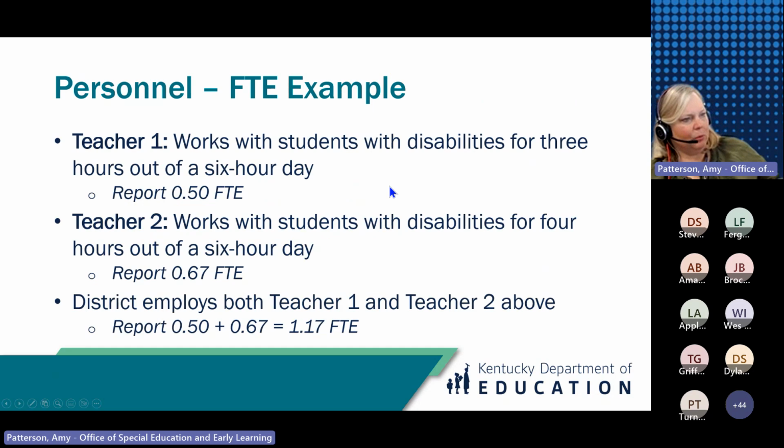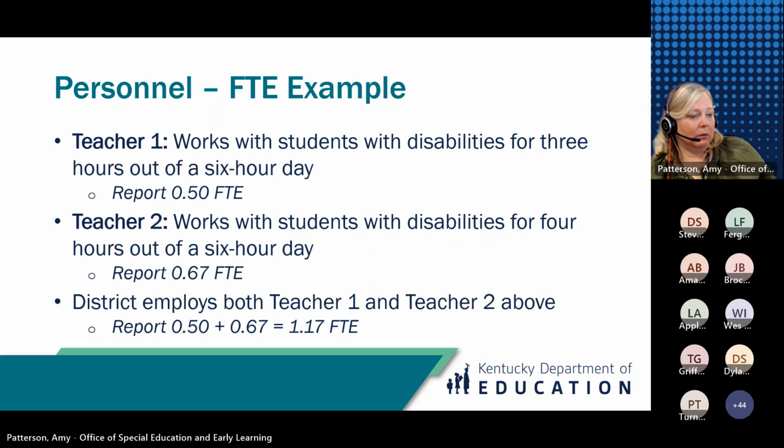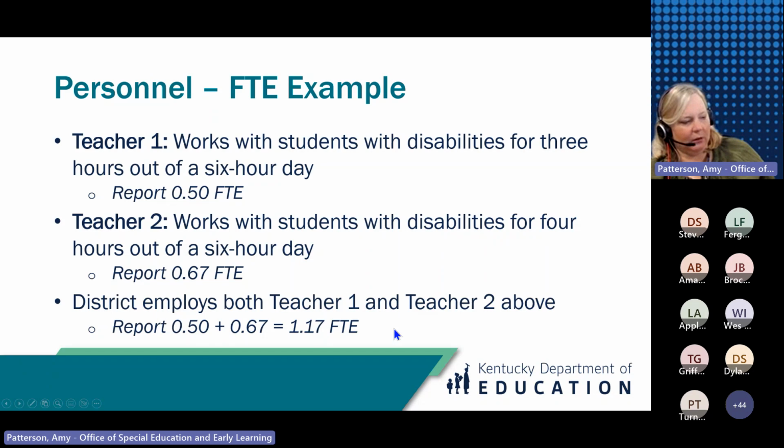So here's an example: teacher 1 works with students with disabilities 3 hours out of a 6-hour day. So that would be a half FTE. Teacher 2 works with students with disabilities 4 hours out of a 6-hour day. So that's 0.67. And then you're going to add those together to be 1.17.